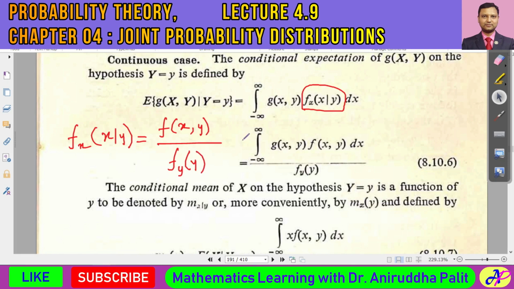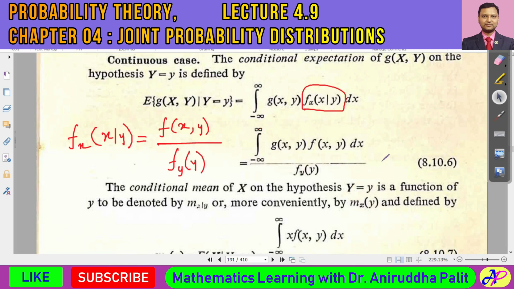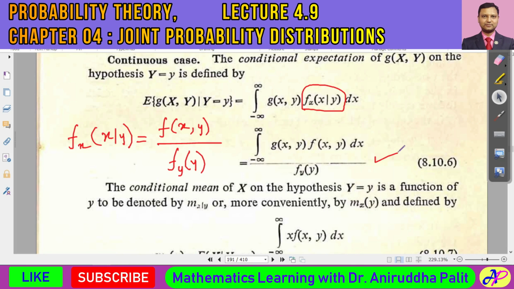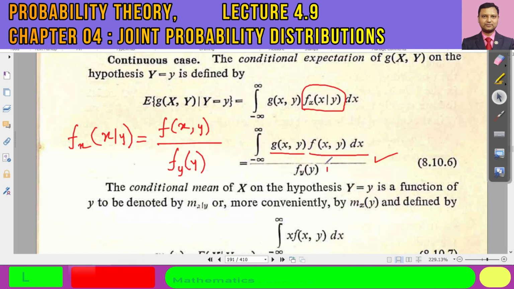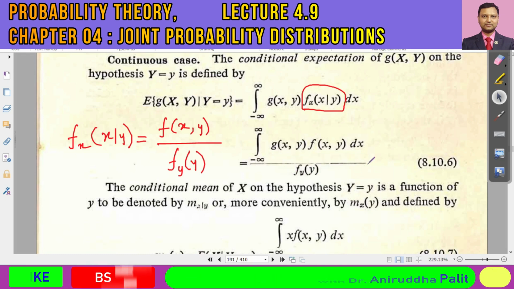Okay, so if we put this expression over here, this expectation can be written in this way: integration from minus infinity to infinity of x times f of x comma y dx divided by the marginal density function of y.